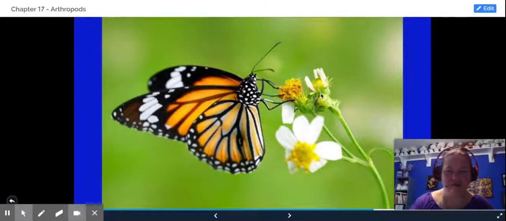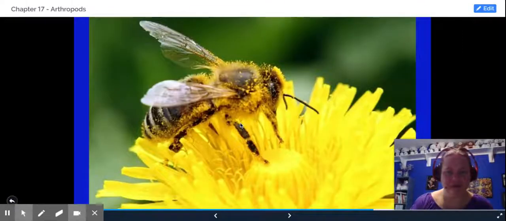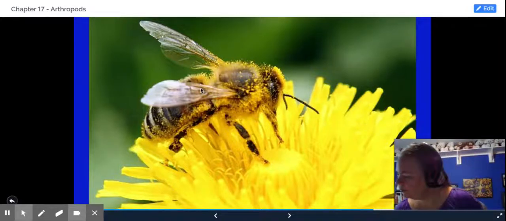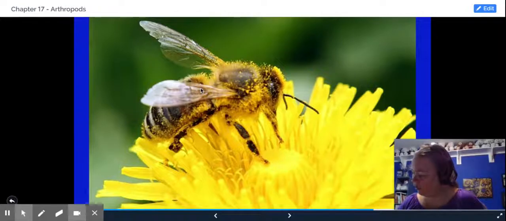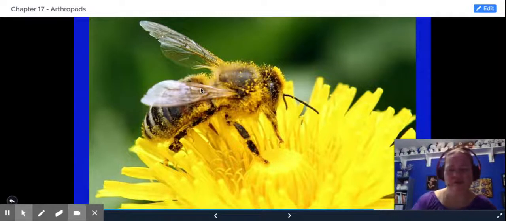So here's an example. You can see they have 1 here and then 1 here. So the top wings would be 1 pair, and the bottom section would be another set of wings. These guys also have 2 pairs of wings. This is order Hymenoptera. These are your bees, your ants, and your wasps.